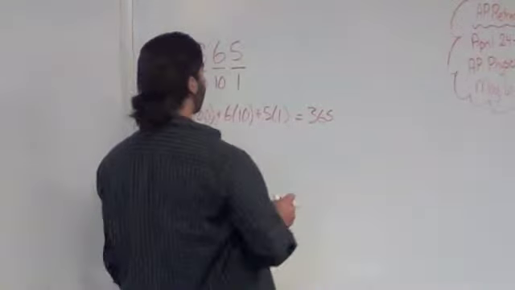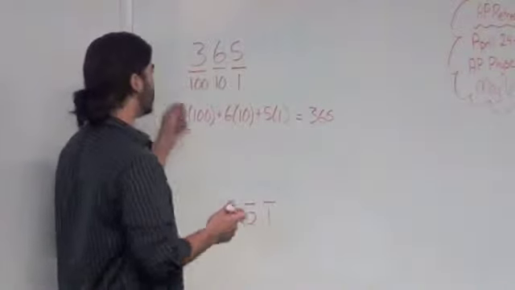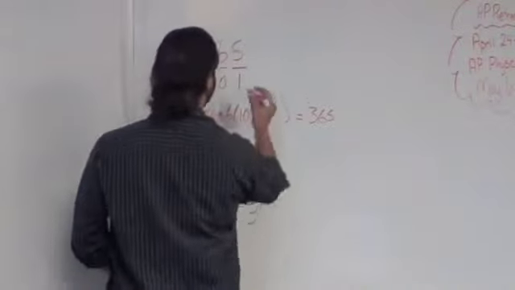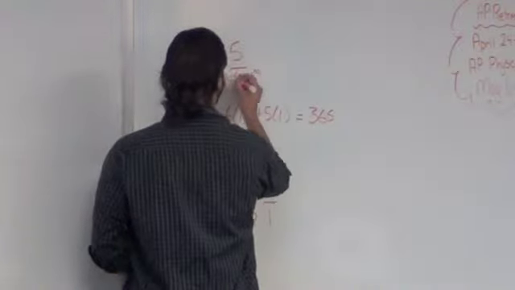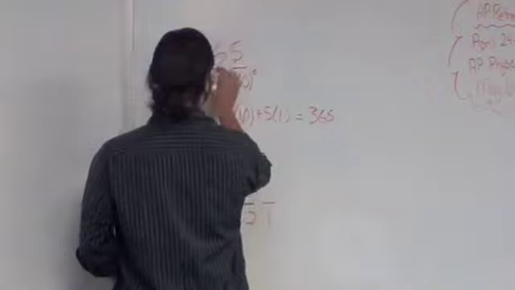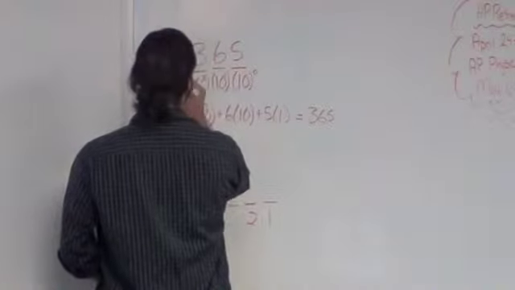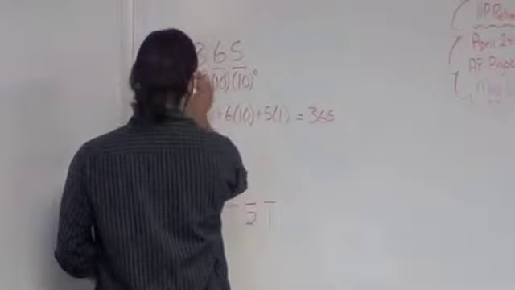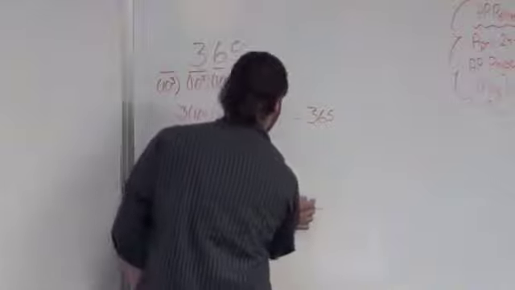See, what's actually happening here is it's better not to think of this as 1, 10, 100. It's better to think of this as 10 to the 0, 10 to the 1, 10 to the 2. 10 to the 3 would be your thousands place, right?